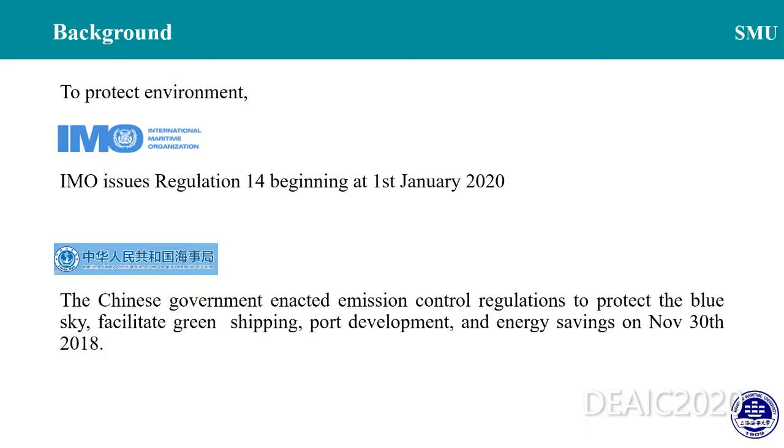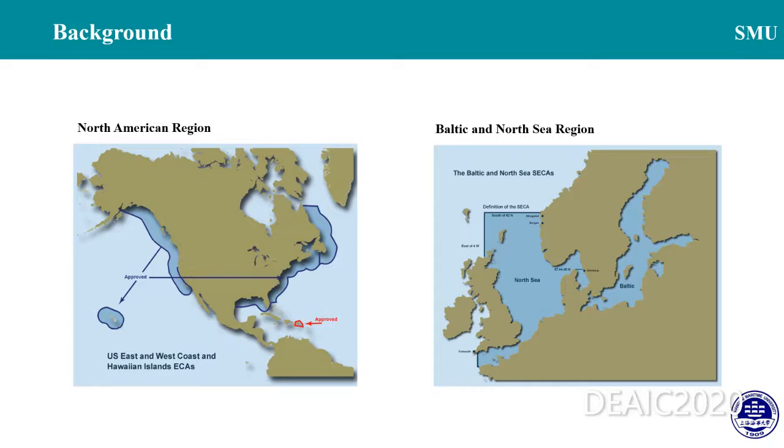Not only in China, we found that the North American region and the Baltic and North Sea region all have their own ECA areas. The ECA areas means the emission control areas. It requires that vessels must burn low sulfur fuel when they enter these areas.